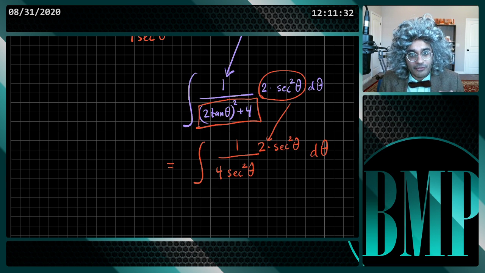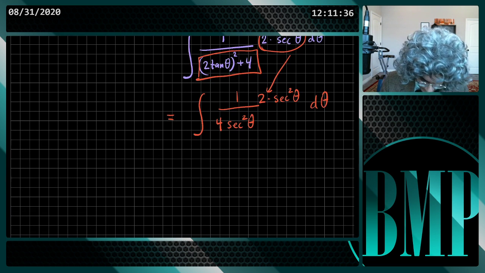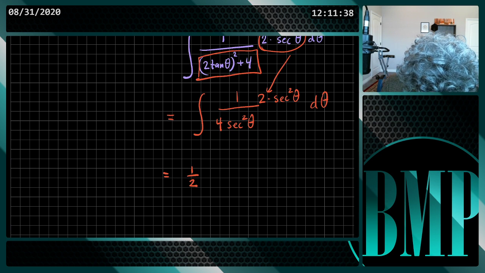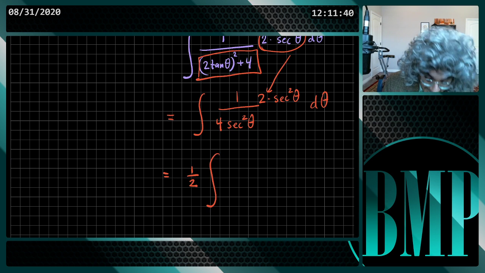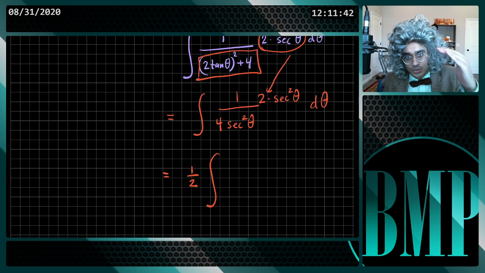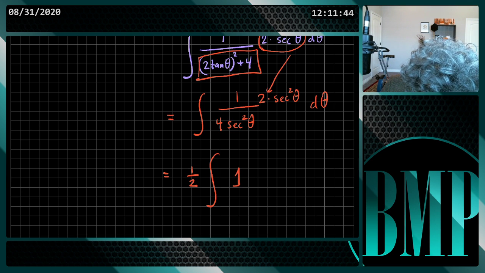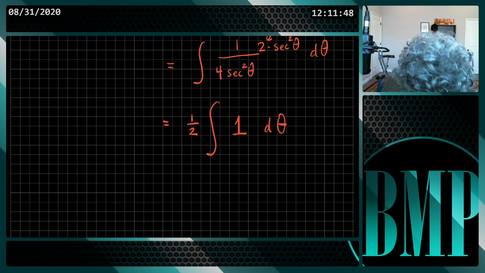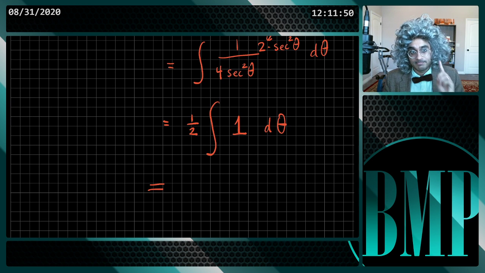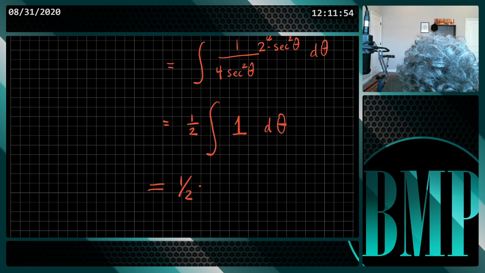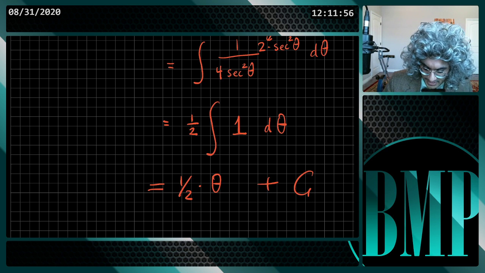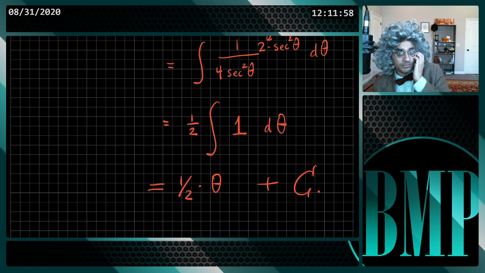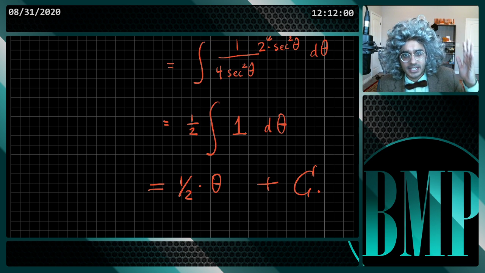Now 2 divided by 4, last I checked, was 1/2. Secant squared divided by secant squared was 1. Equals 1/2 times theta, plus any number you'd like. 5 trillion, whatever. Or 0, or -5.